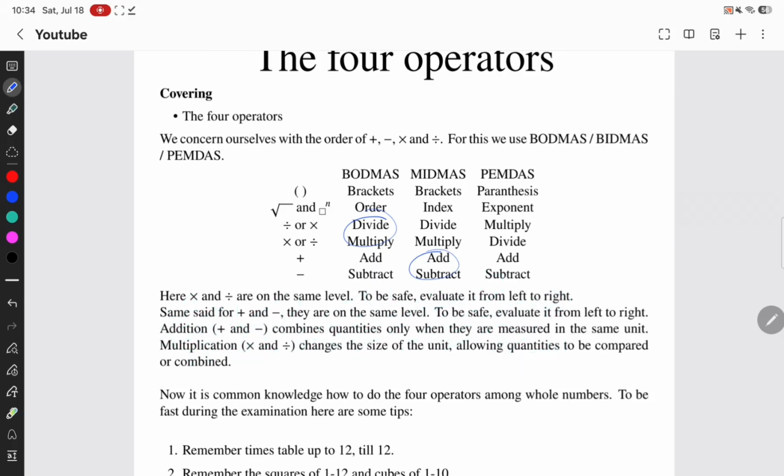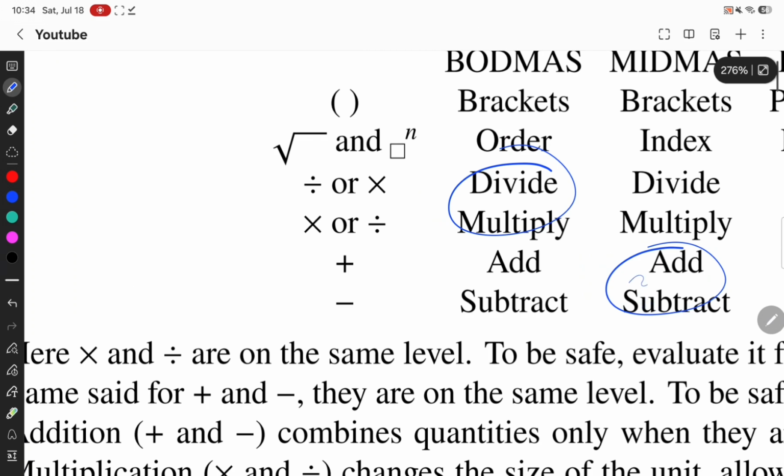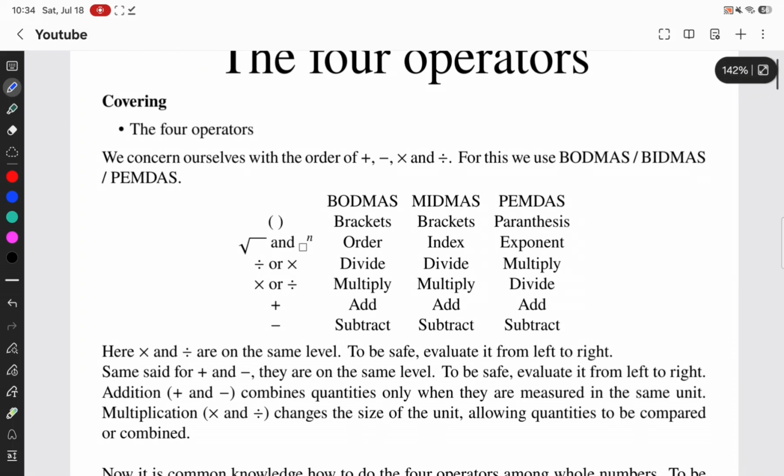All I'm saying is that divide and multiply, add and subtract, you need to remember to treat them as different levels of doing something. I do not really want to go in depth about what I mean by level. We can talk about this later in the video.